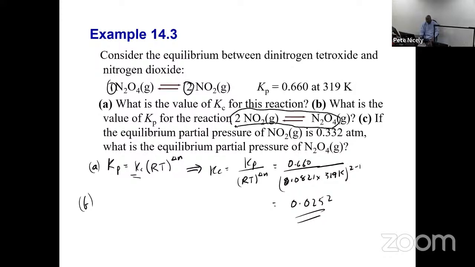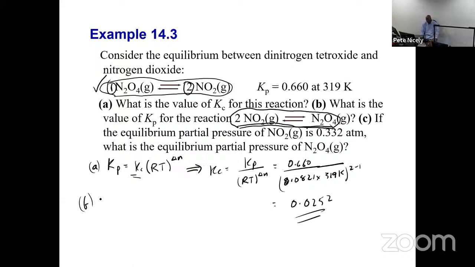Now, when you compare this equation to the equation that was given here, what do you notice? It's flipped, right? The products become the reactants and vice versa, right?